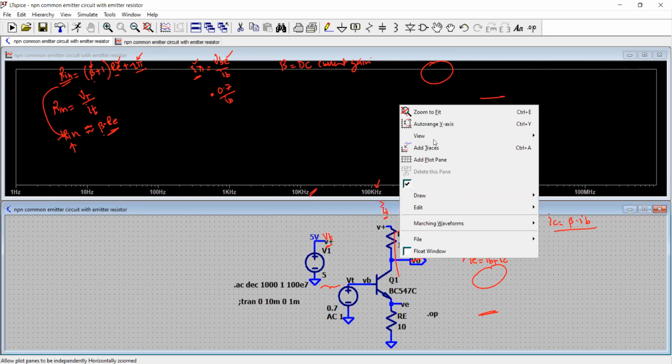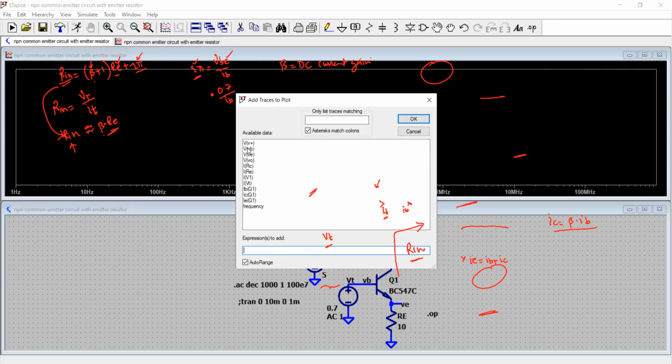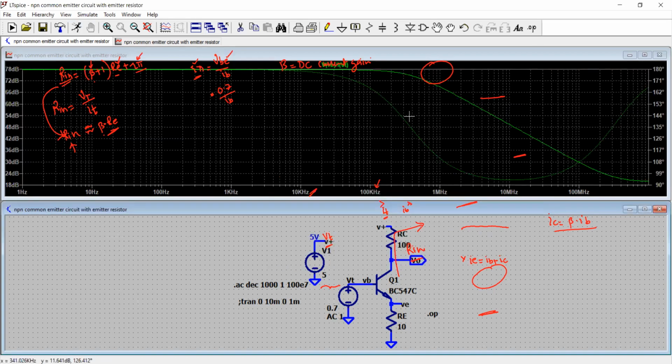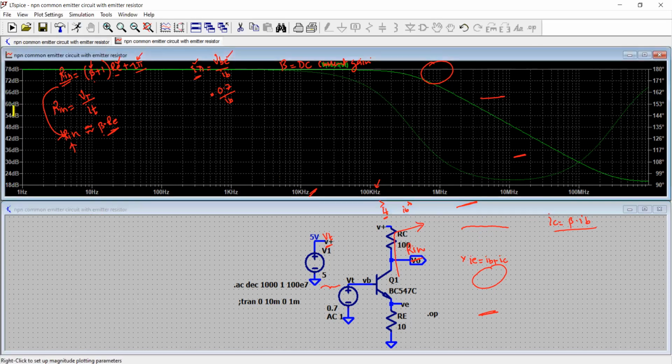So I will do it again, add trace, and the voltage at VB is nothing but my test voltage divided by the current that is coming from the same source, I of Vt, and that's my input resistance. Click OK. And this is how this input impedance is varying actually, because I have labeled this.